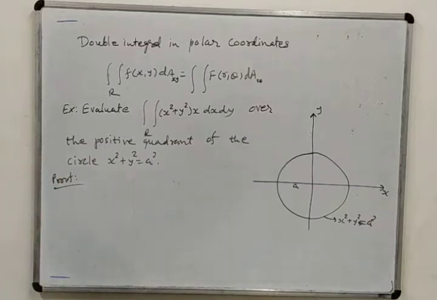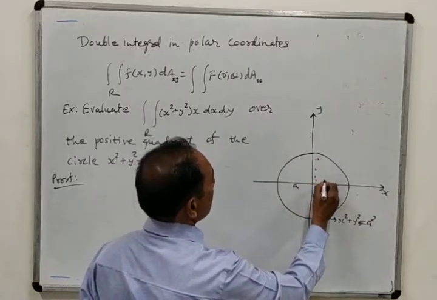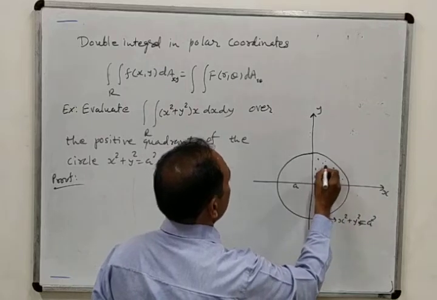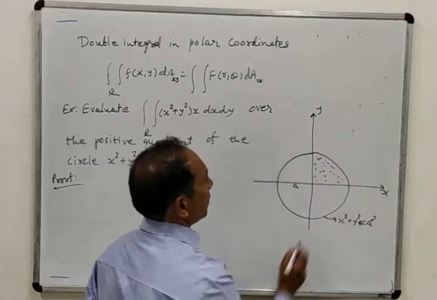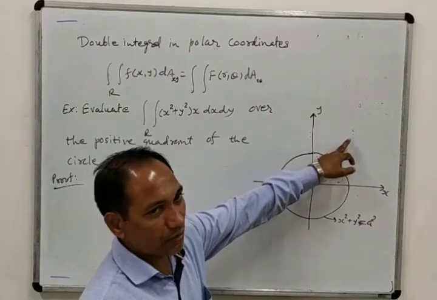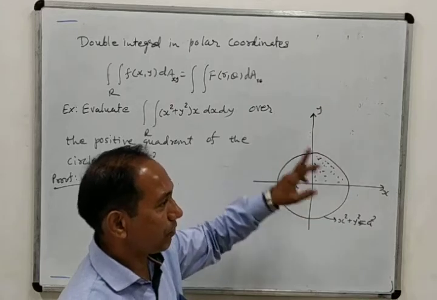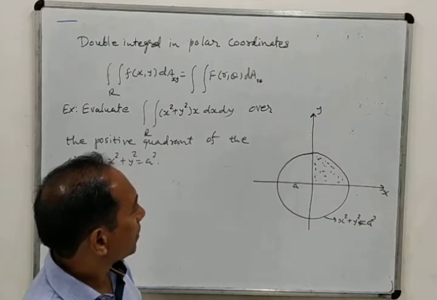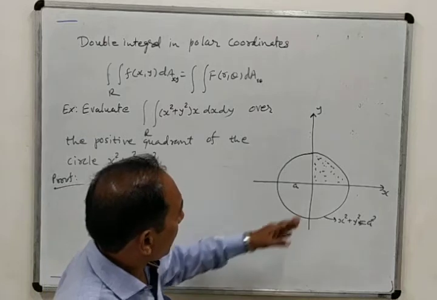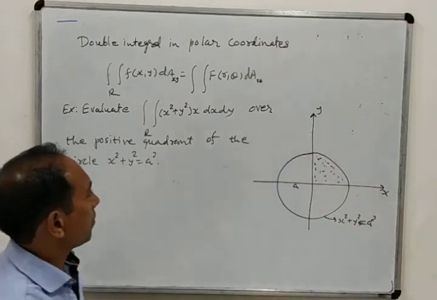It is also given that we consider the positive quadrant, that means only this part of the circle, not the whole circle, because the positive quadrant is the first quadrant. This is the first quadrant, this is the second, this is the third, this is the fourth. Here x and y both are positive, so it is known as the positive quadrant.